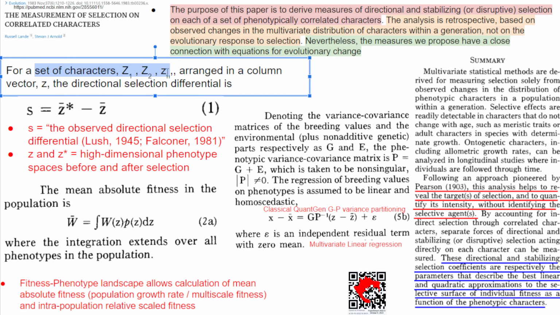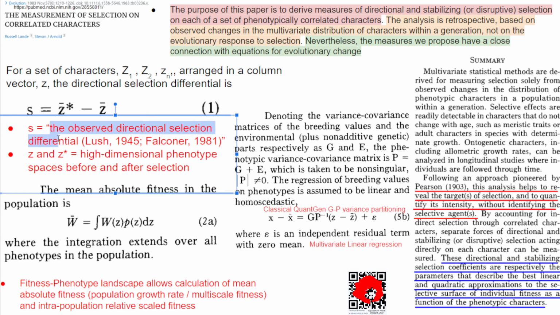So whatever different phenotypes are being measured and modeled as observables or hidden states or however else is this vector Z. The directional selection differential is going to be defined by them as linked to the observed directional selection differential S, according to the earlier work of Lush, 1945, Falconer, 1981. And then Z star minus the other Z, both with bars on them, is the shift in the high dimensional phenotype space before and after selection.